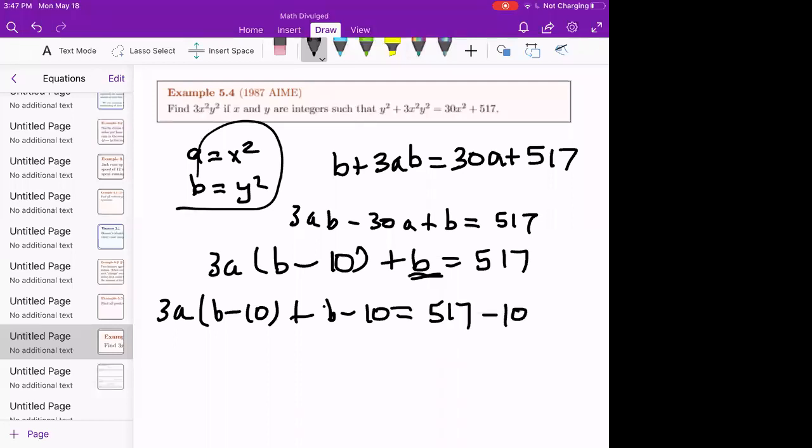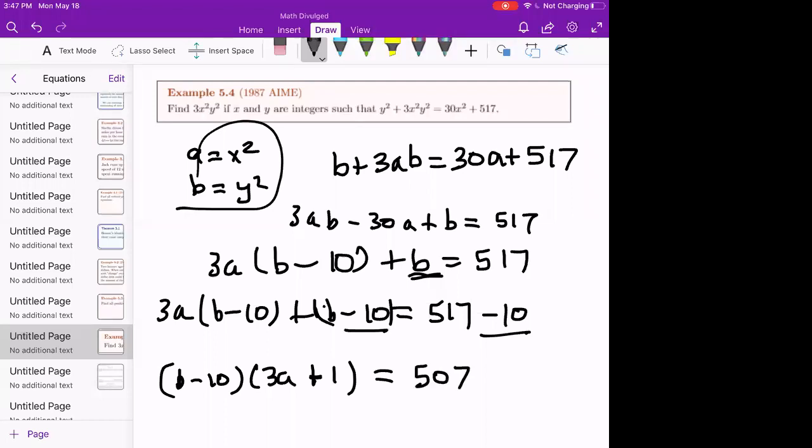Once again, since we subtract 10 from one side, we have to subtract 10 from the other side as well. This lets us factor out the b minus 10. So we have b minus 10 times 3a, and the number of b minus 10s here is just 1, so plus 1 is equal to 507.